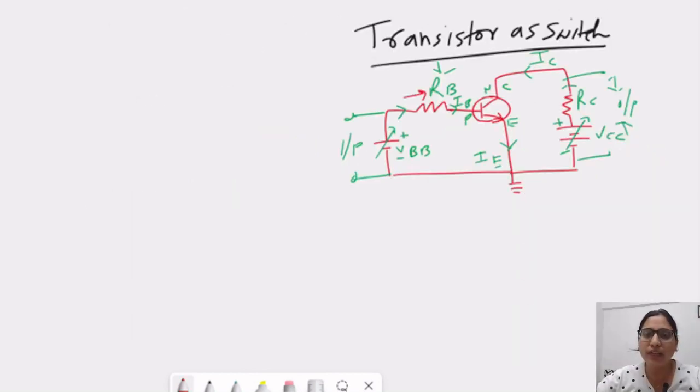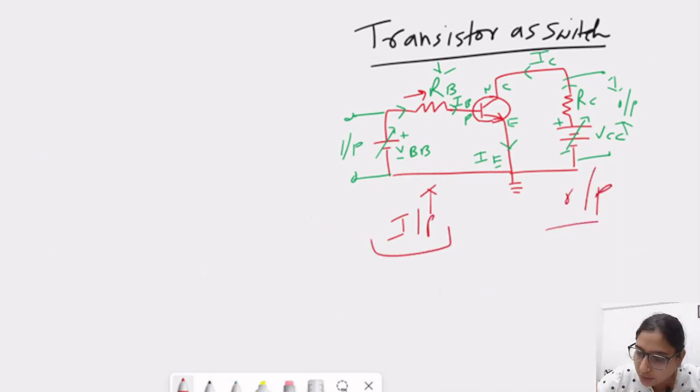Now we will do the circuit analysis of the transistor as a switch. Here we can see that this is our input side and this is our output side. So we will apply KVL on the input side, in this loop. Firstly, we start from this resistor. This is the positive flow of current.